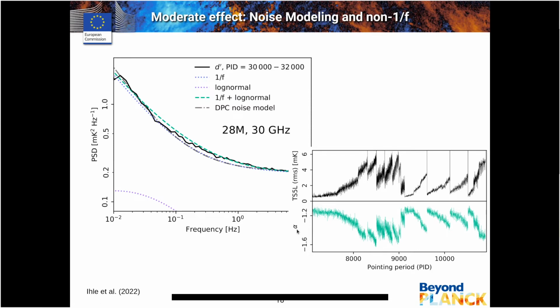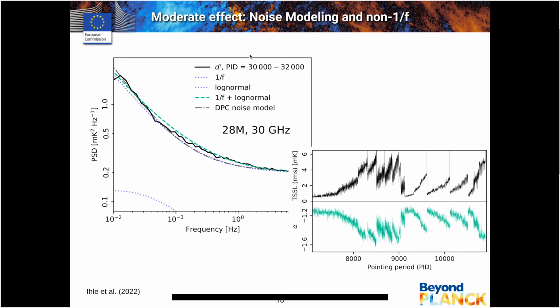So this is one of the noise parameters, alpha, as a function of the whole flight, and on the top here, this is a thermometer temperature that is close to the relevant detector here, and you can see that this noise parameter matches very well with the features in this thermometer time stream, and so we believe this is evidence that what we are mapping here on a per PID basis is basically a good representation of a physical change that's actually happening in the system. And so this we feel like is good motivation for modeling this in this way.